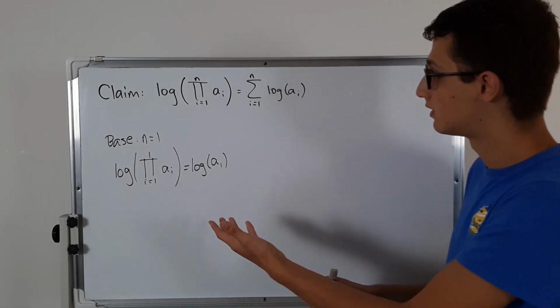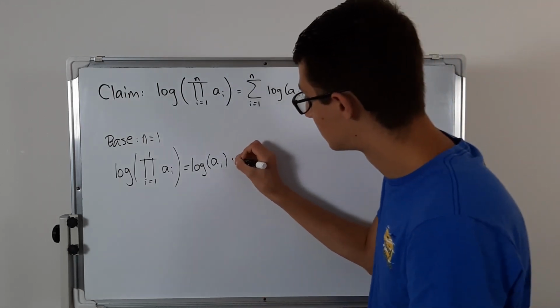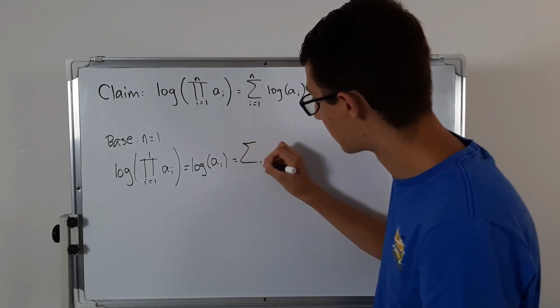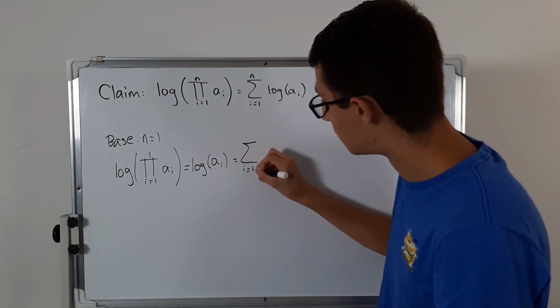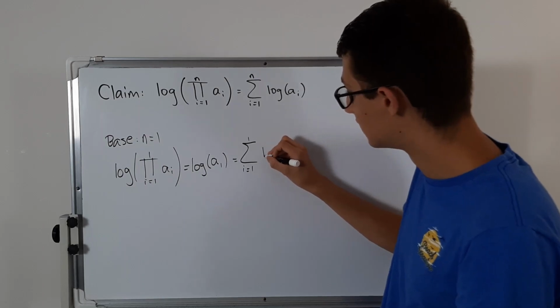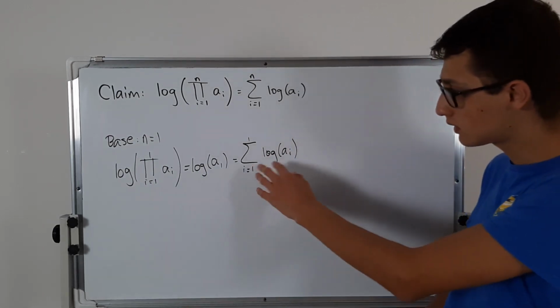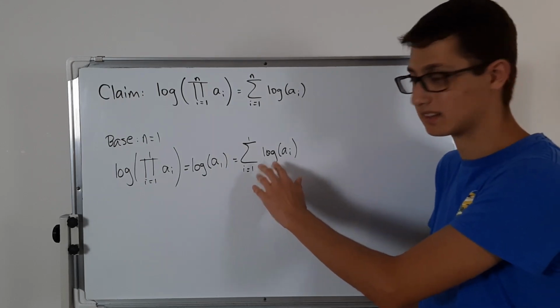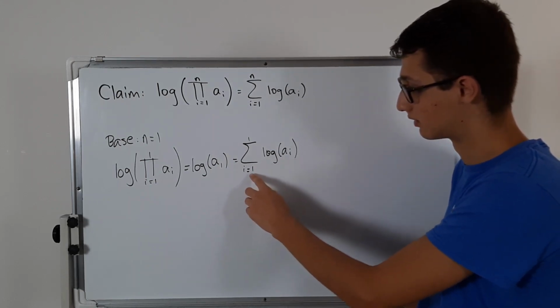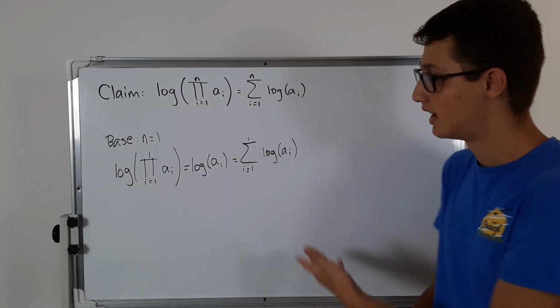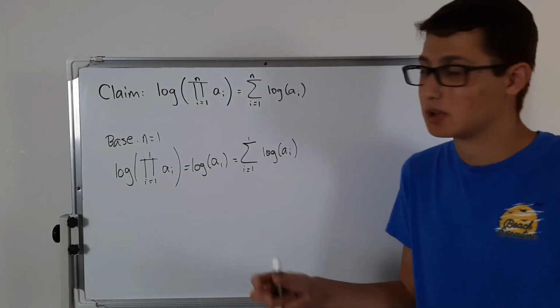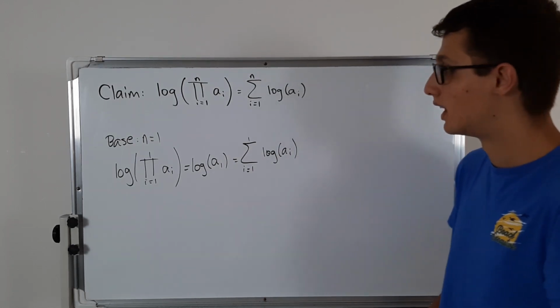So this becomes, thinking of it backwards, the sum from 1 to 1 of log of a sub i, because we have the logarithm of one thing. So there we go, that's pretty easy.